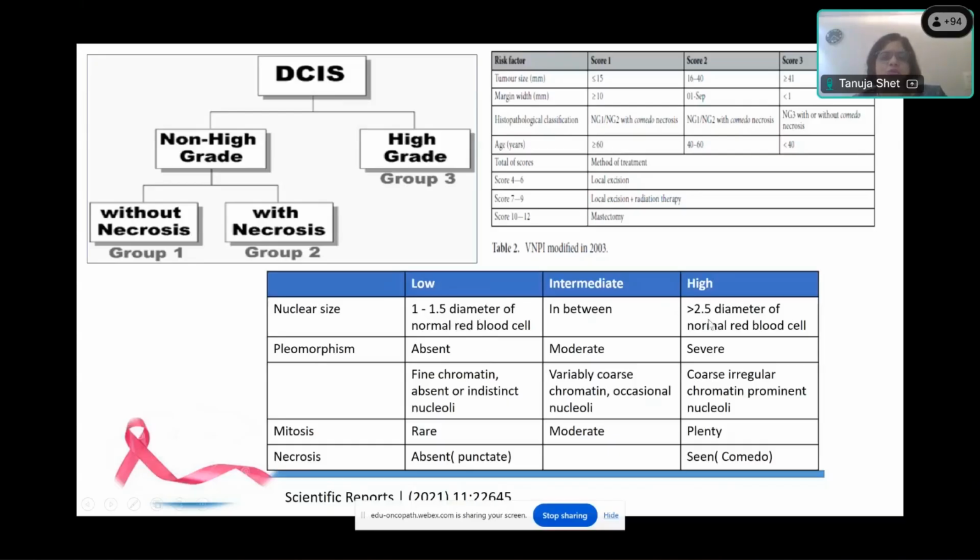If it is greater than 2.5 times the size of the red cell, pleomorphism is present. Chromatin is coarse in the high grade, whereas it is fine in the low grade, and nucleoli are absent in the low grade. They are present in the high grade. Mitosis clearly is plenty in high grade, and necrosis is the trump card, because if you find necrosis and you're struggling between intermediate and high, you have to call it high grade DCIS.